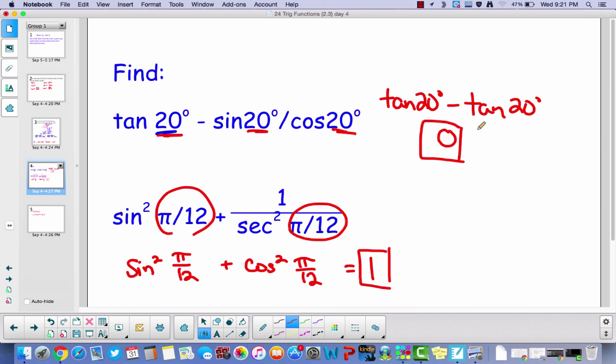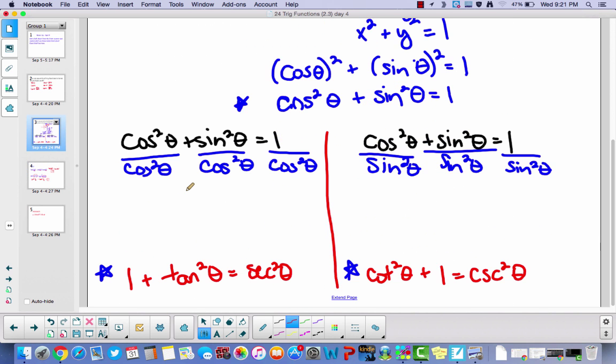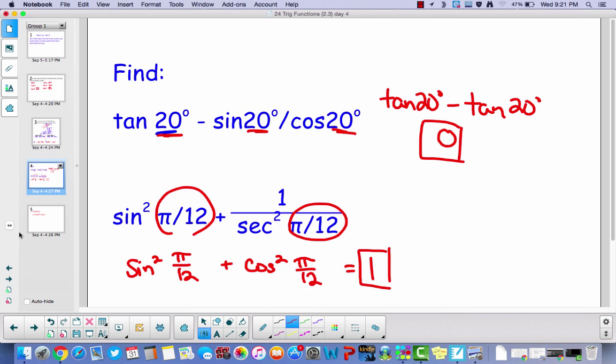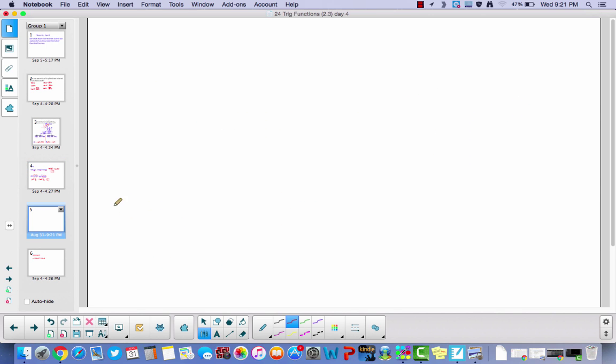Now, let's think back to these trig identities here. We might not always see them in this format. We might see them in some manipulated format. For example, what if I see something like this?